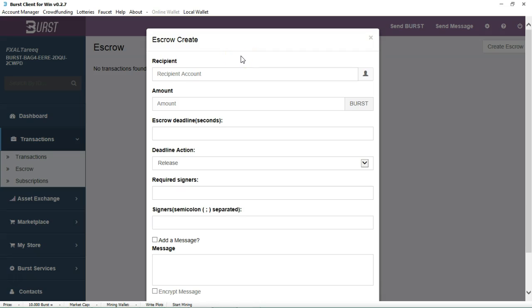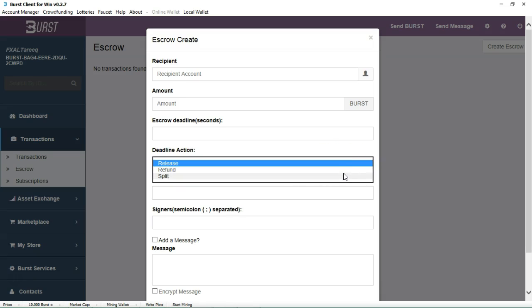Now, in order for the funds to be released, 2 of the signers must agree. If you have three signers, for example, or you can call them witnesses, at least 2 of them must agree on the same action. Action meaning to release the funds, to refund the money, or split.